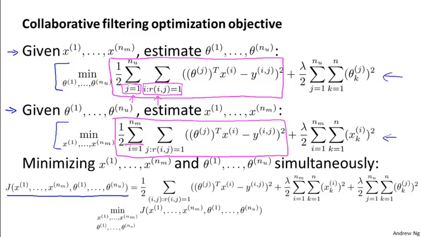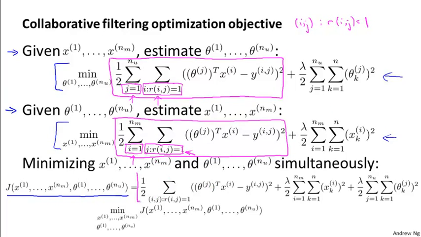This summation down here just does things in the opposite order. This says for every movie i, sum over all the users j that have rated that movie. And so both of these are just summations over all pairs (i,j) for which r(i,j) is equal to 1. It's just summing over all the user movie pairs for which you have a rating.